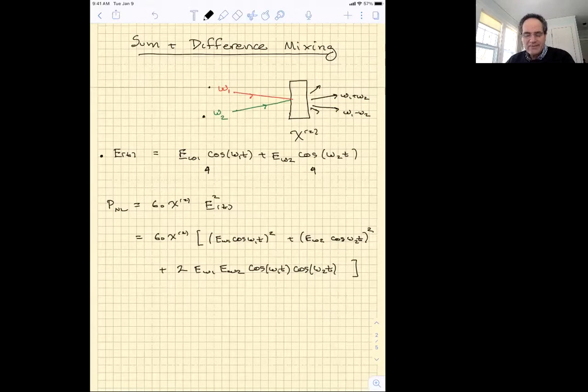Just to be clear, the first two terms here look just like the terms we considered before. Each one will give us second harmonic generation and a DC component. But we don't really care about that. We really care about this third term, the one that goes like the product of the two electric fields.